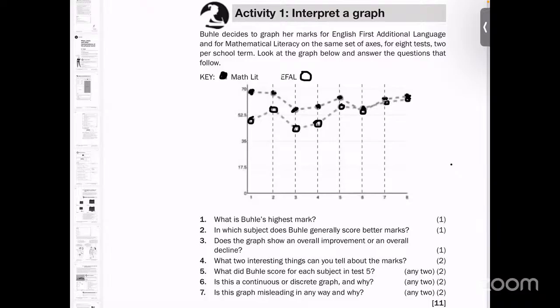Okay, so there is another question where they say, is this graph misleading in any way and why?